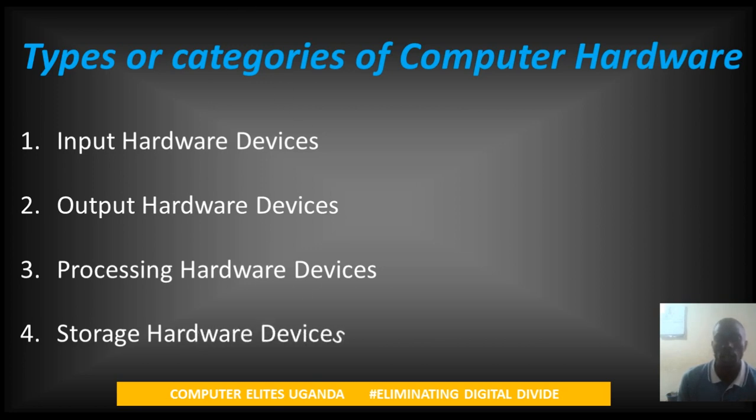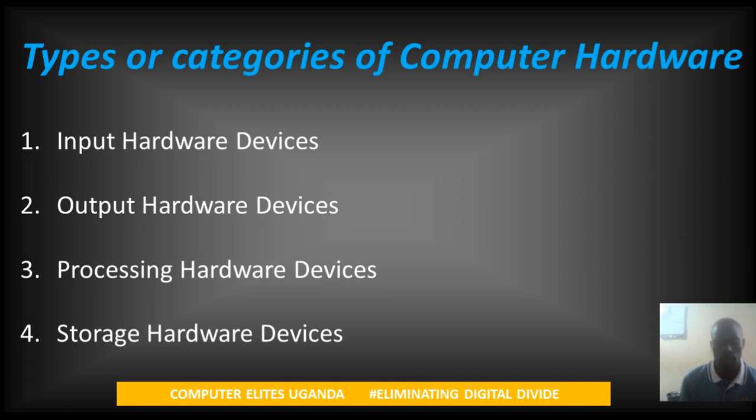So these are the categories of computer hardware. Devices that we always use to solve computer related problems, which can be physically seen and touched, are under those 4 categories.